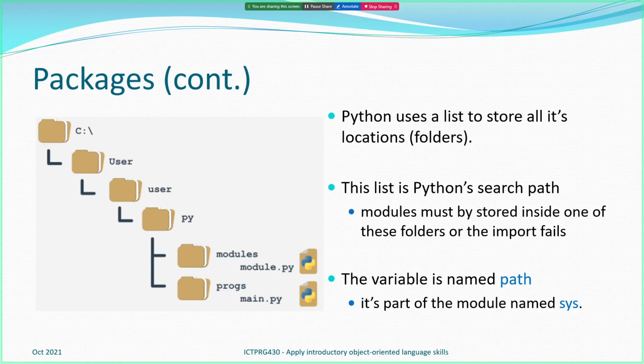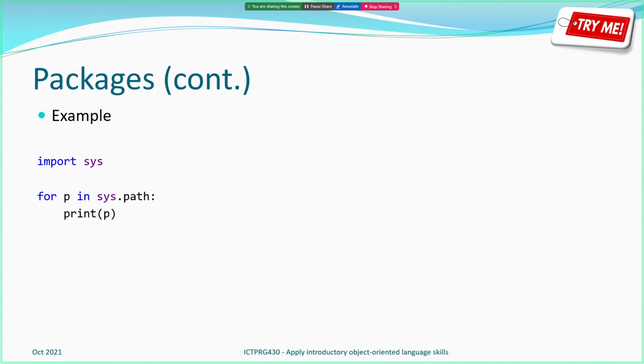So when you call a module, it's got to reside within this path variable, and path, you'll be able to find what it is as it's part of the system module. So you can actually execute it and find out what it's been set as. And as it's a variable, you might want to modify it.